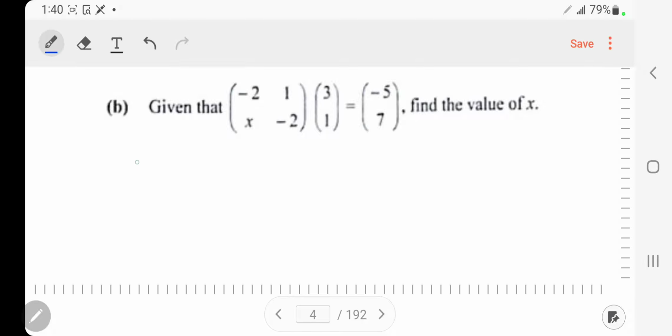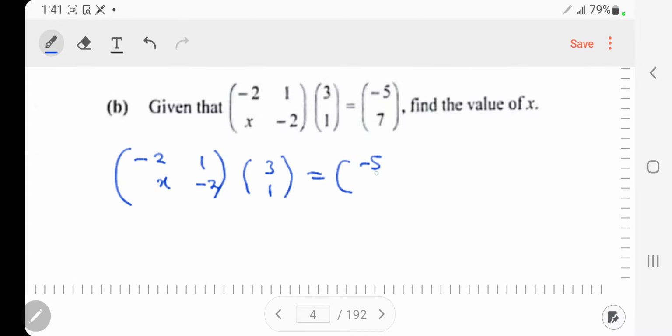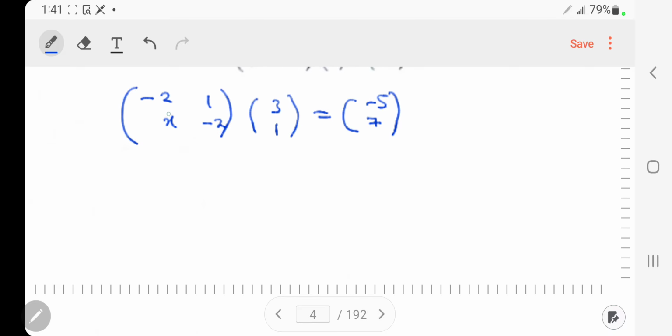So we are going to have negative 2, we have 1, we have x, we have negative 2 like this. Then we also have a 3 and a 1 like this. Then this should be equal to negative 5 and 7 like this. So from our knowledge of multiplying matrices, we multiply negative 2 times 3, then we add plus 1 times 1.